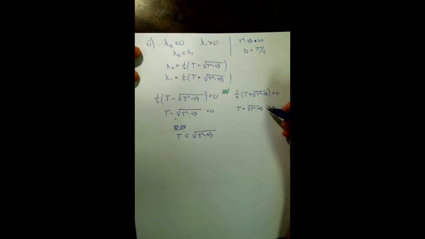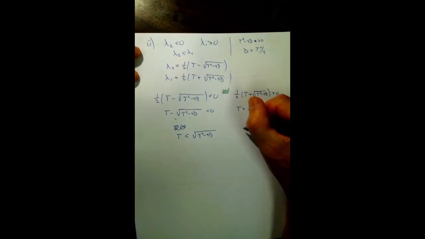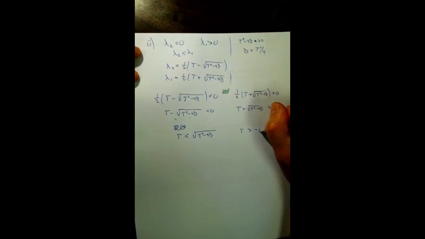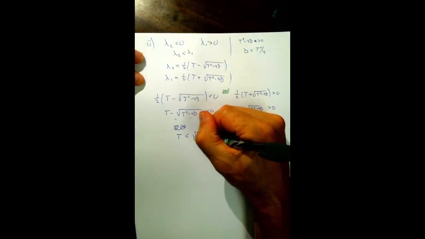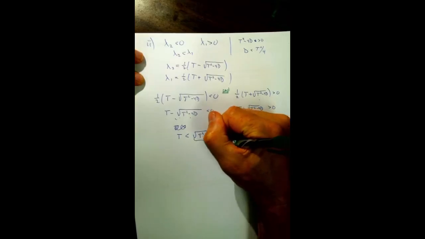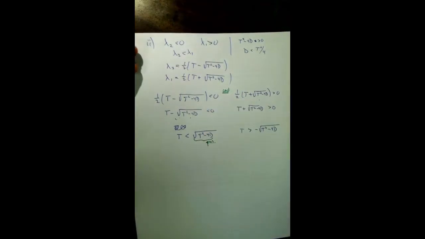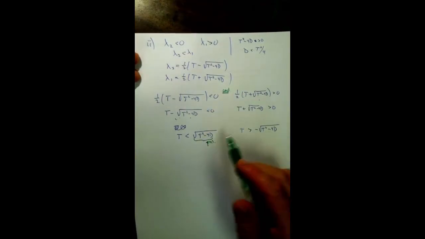And now let me subtract this. Same thing. Let's just keep this consistent so that I've got this thing over here. What does this mean? This has to be positive. Square root of something, by definition, is always positive.